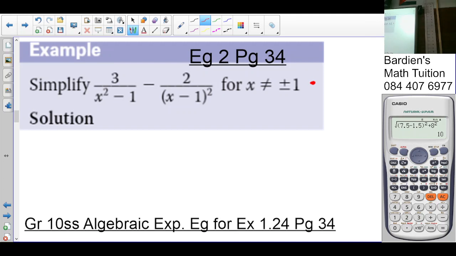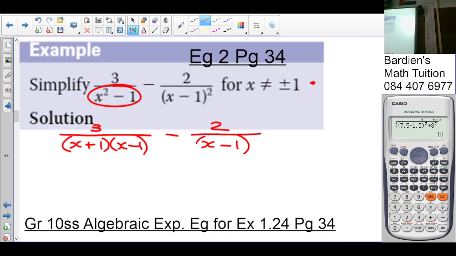So x squared minus 1 can be written as what? X plus 1, x minus 1. Minus 2 over x minus 1 squared. What does this mean? The second denominator contains x minus 1 times x minus 1.